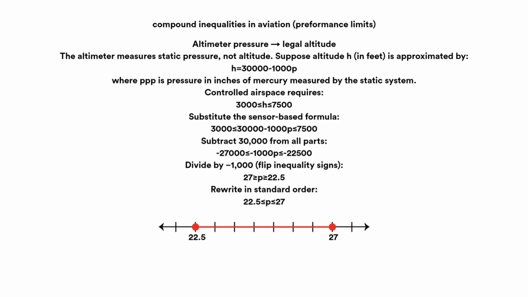Divide by negative 1,000, which flips the inequality signs, which results in 27 is larger than or equal to P, which is larger than or equal to 22.5, which rewritten in standard order is 22.5 is smaller than or equal to P, which is smaller than or equal to 27. So the inches of mercury measured by the static system must be more than or equal to 22.5 and smaller than or equal to 27. And then on the bottom is a linear graph of it.